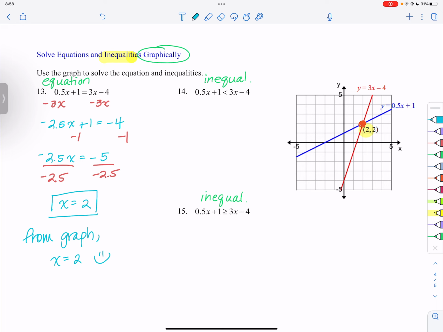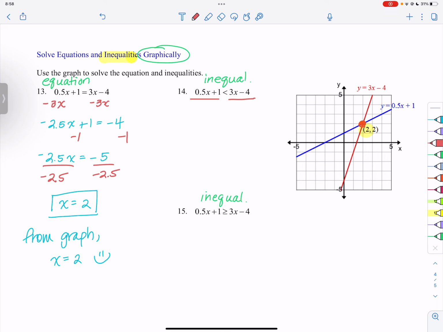Okay, now let's take a look at this. Where is this line below this line? So, as you can see here, on this side of the graph over here, 0.5x is higher than this line. So that's not where this is happening. But look what happens here.